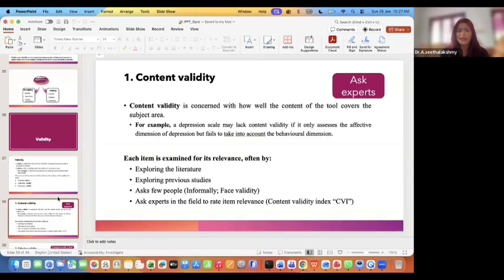Don't tell them anything. Read it, ma. Let me know what you feel. Ask a few people informally. When they say, yeah, this seems to be measuring the pain level, not anxiety, yeah? So that is what is called face validity.